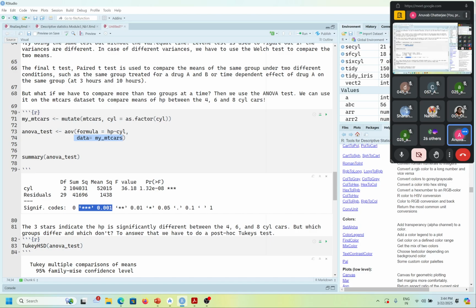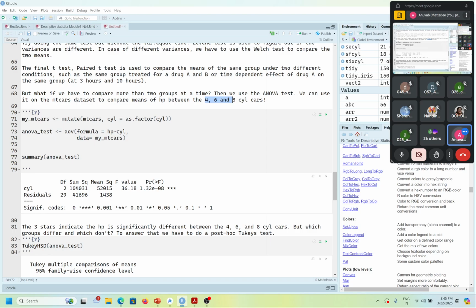So here you look at the p-value, you see that it is 1.32 times 10 to the power minus 8, which is obviously less than 0.001. So you have a 3 star significance to your data, which means that in the three groups that you compared, 4, 6 and 8 cylinders, at least two are very different from each other.